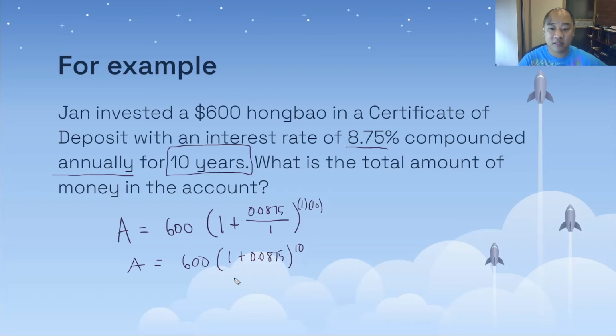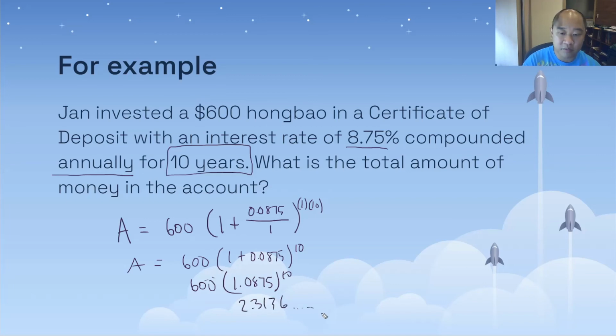So this is simplified. Now we can add these two like terms. So this is 1.0875 to the power of 10 times 600. Let's see what that is. 1.0875 to the power of 10 is 2.3136, so on and so forth.